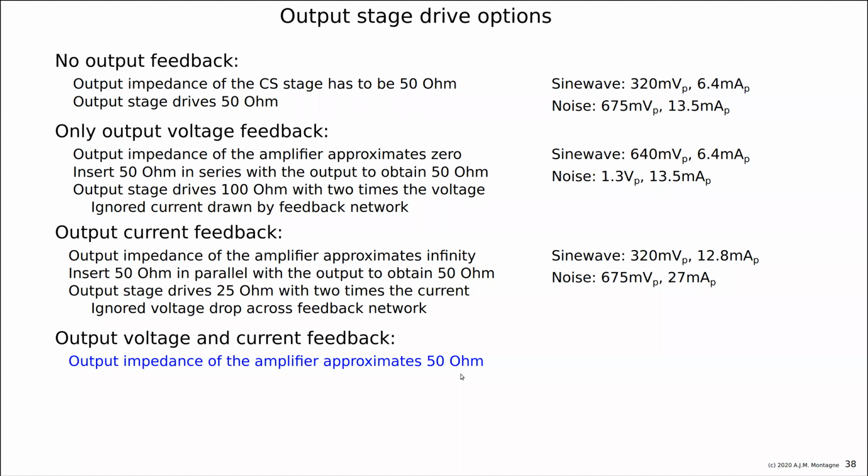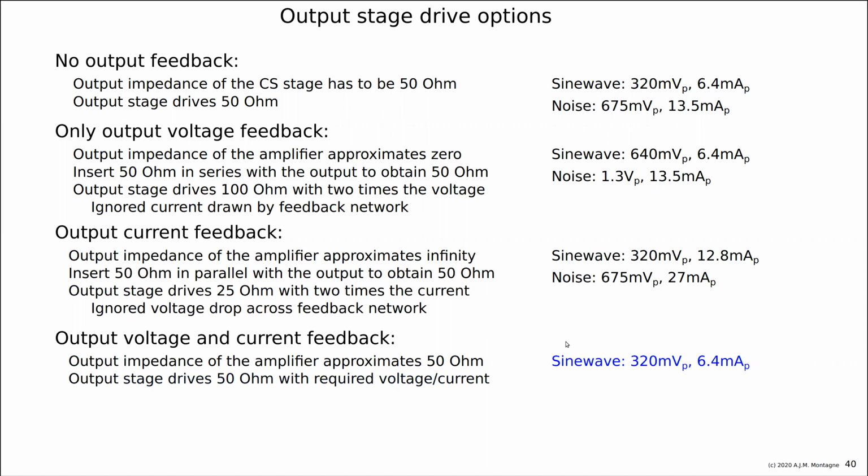For this moment, we will just calculate that we have 50 ohm, and there are no extra measures to be taken to drive the cable, because we have taken the most effective measures. So we need to drive 50 ohm, which is exactly what we started with: 320 millivolts peak, 6.4 milliamp peak for sine wave-like signals, and for noise-like signals, we have these other numbers that we already discussed.